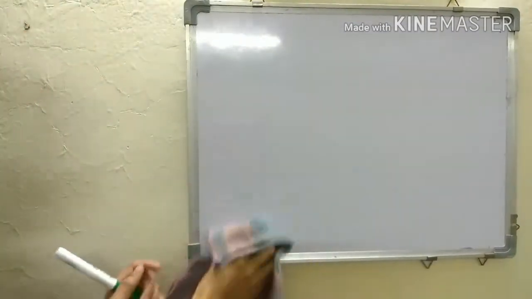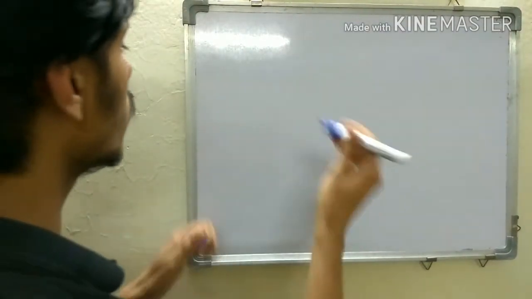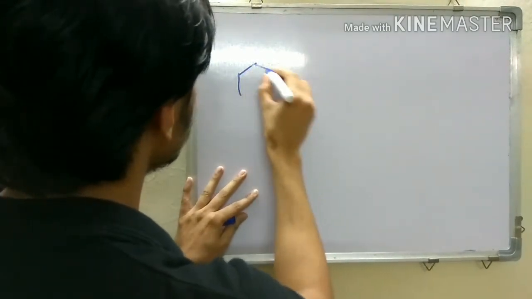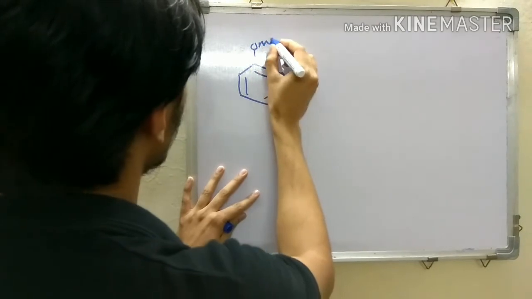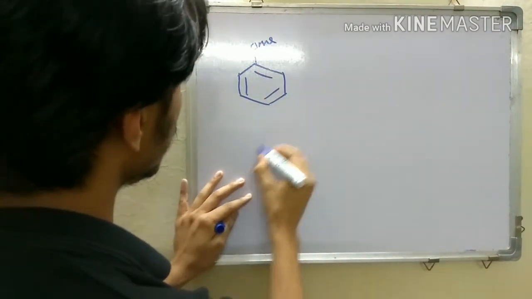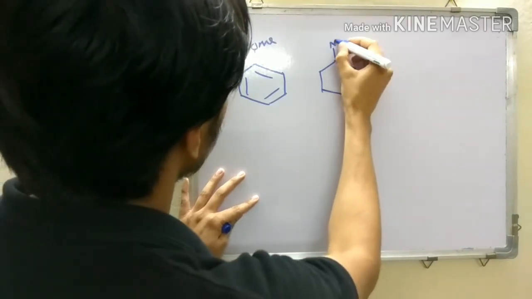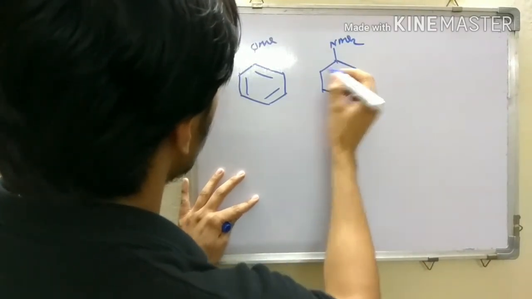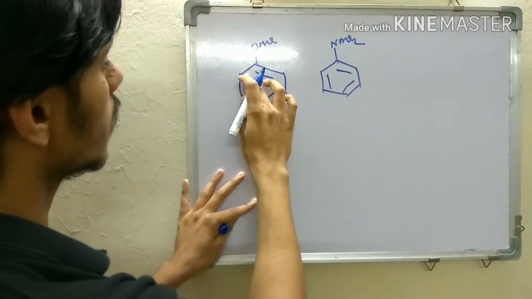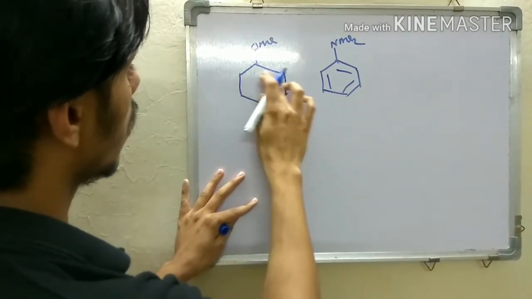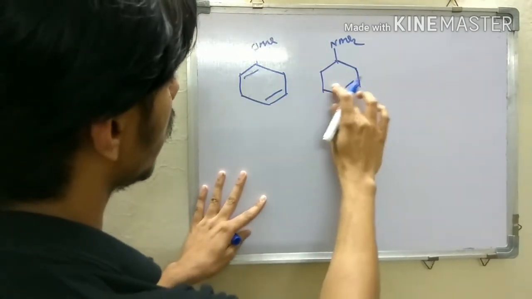Another point I would like to mention is that, in the case of an electron donating group like this, or let's say NMe2, if this is your substrate, I said you get the ortho meta product, right?